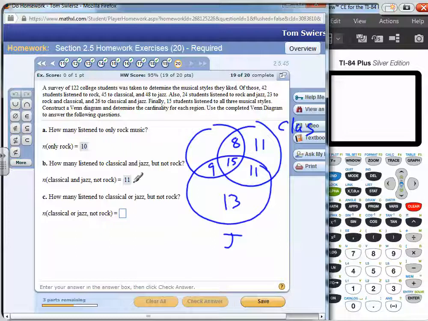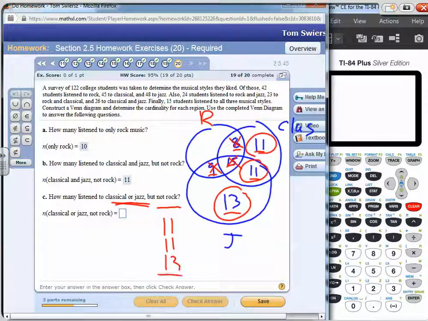So classical or jazz would be all of these different numbers, 8, 11, 11, 15, 9, and 13. But not rock. So we got to get rid of anything in rock, which is the 8, 15, and 9, right? So we're left with the 11, 11, and the 13. So 11, 11, and 13 gives us a total of 35. Okay?